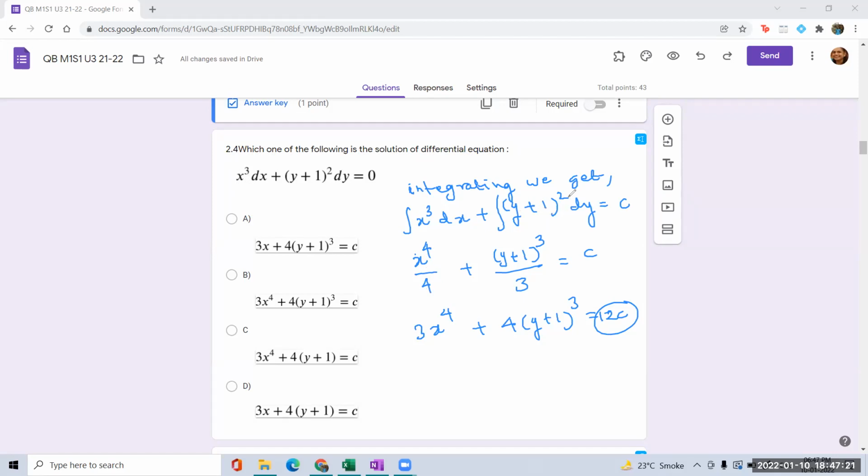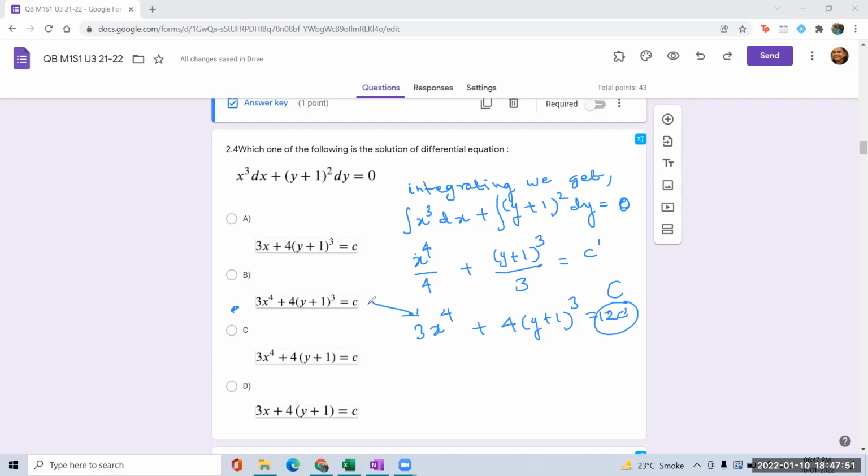The integral of (y plus 1) square is (y plus 1) cube upon 3. You get a constant on the right hand side, and then this was 0. By integrating you get some constant c dash, and on simplification you get on the right hand side 12c dash, which can be treated as any constant. And this answer matches with answer B.